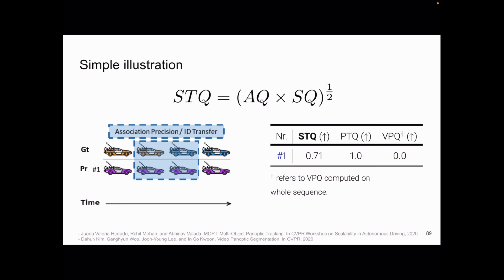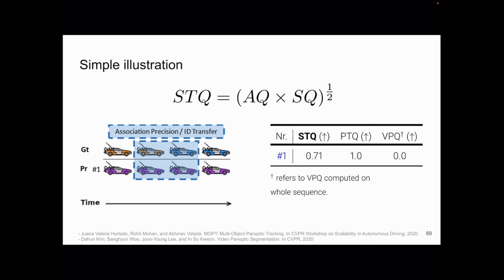Let's now compare STQ and other metrics, PTQ and VPQ, in a simple illustration. In the illustration, the first row shows ground truth, and the second row shows the prediction. Each ground truth card is in a single frame, where colors encode track IDs. We assume perfect segmentation to highlight the association.